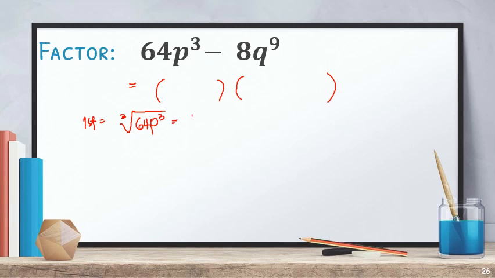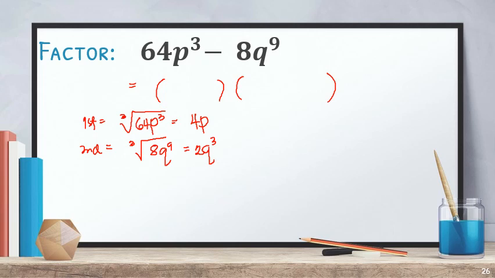So we have 4p. And for the second term of our first factor, we will be getting the cube root of 8q raised to 9, which is the second term of the given. So the cube root of this one is 2q cubed.